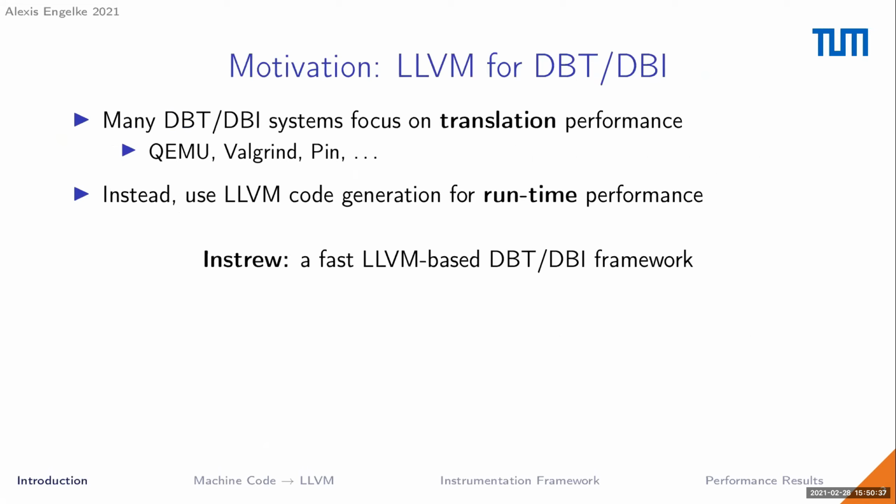For example, QEMU, Valgrind, PIN focus on getting code running with low startup time, and therefore neglect that the actual code they produce, for the other architecture or for the instrumented code, is slow.